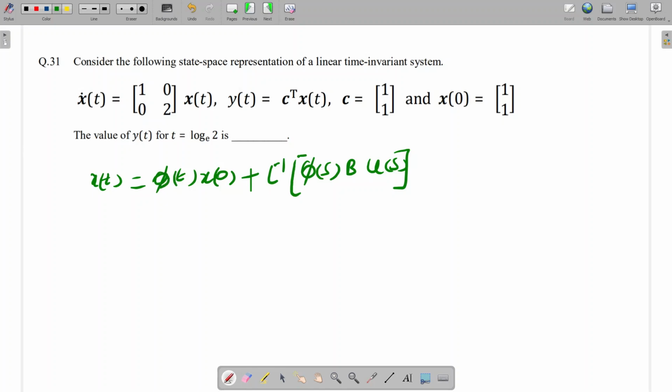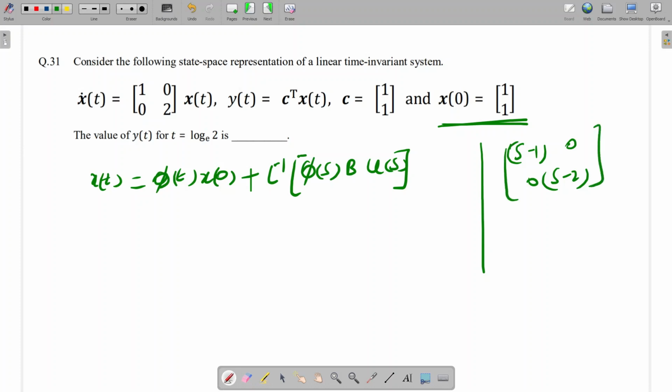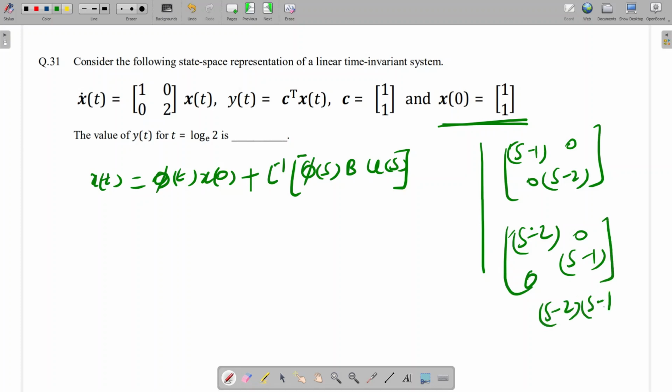So phi of t x0. x0 is given here as 1 1. So what will be phi of t for this one? That we will calculate. First I am calculating phi of s, which will be the inverse of the matrix with s minus 1, s minus 2, 0, 0.